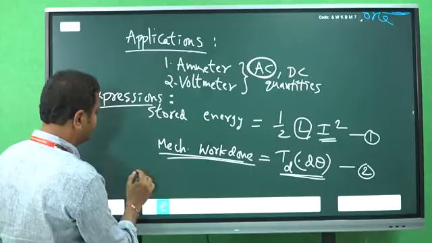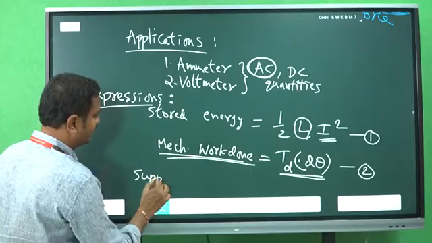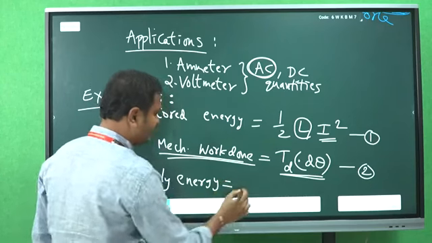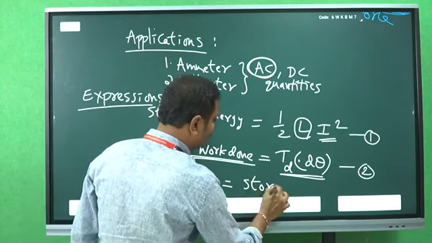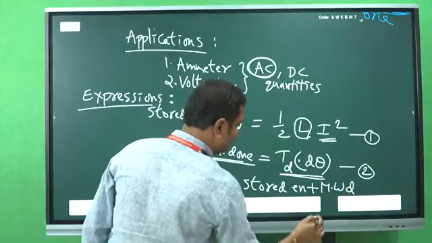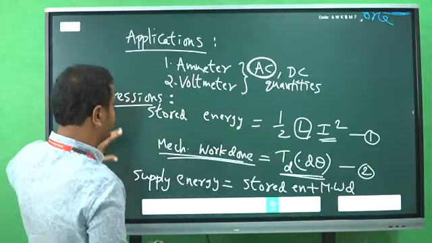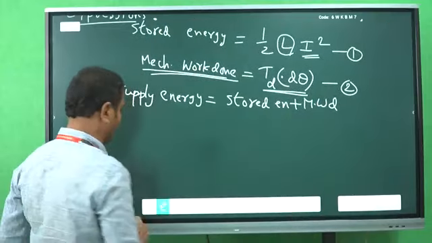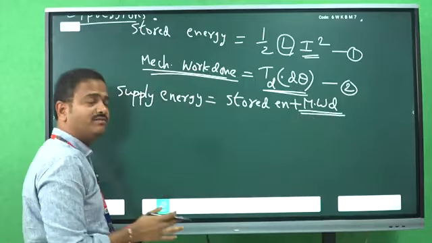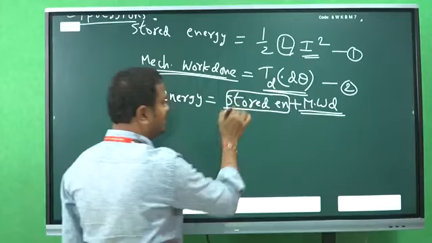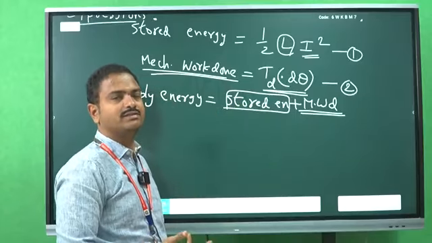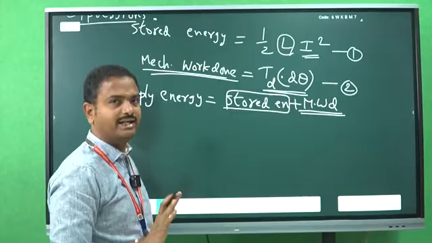So what is the supply energy here? Supply energy is divided into stored energy plus mechanical work done, right? Supply energy must be useful for the mechanical work done, but some of the energy is stored inside the instrument, that means in the coil's magnetic field, due to the inductance effect.